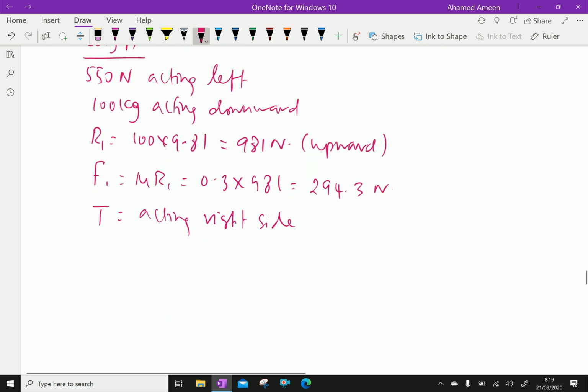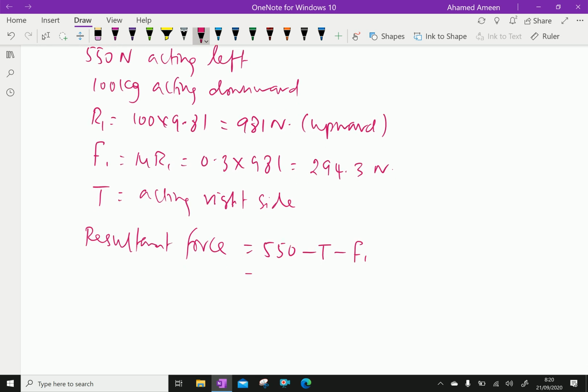Now the resultant force is 550 minus tension minus force of friction F1, which is 294.3.